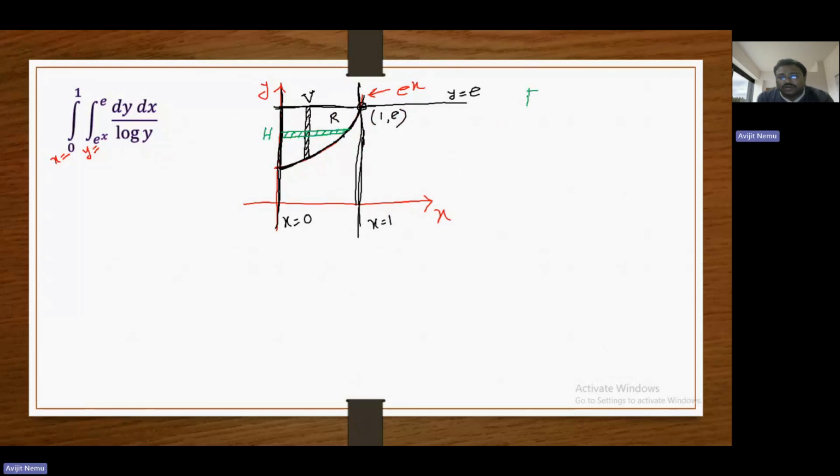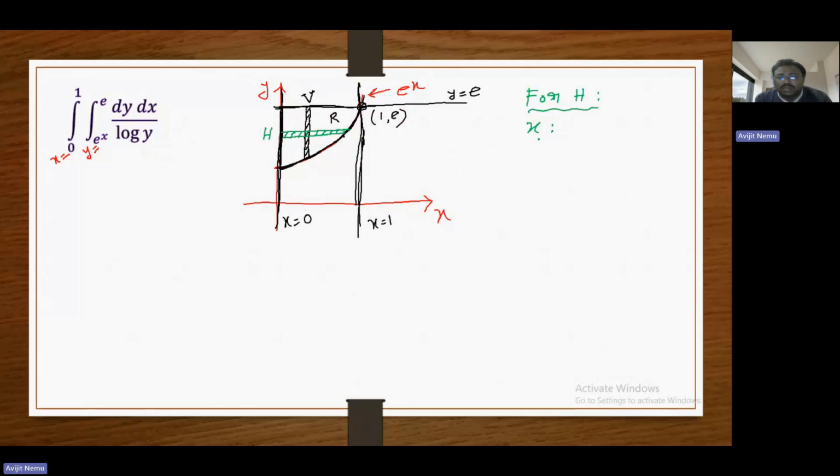For this horizontal strip, we have to consider the range for x as well as y. For a horizontal strip, we always consider the range for x first, because in the range of x we have the variable y.